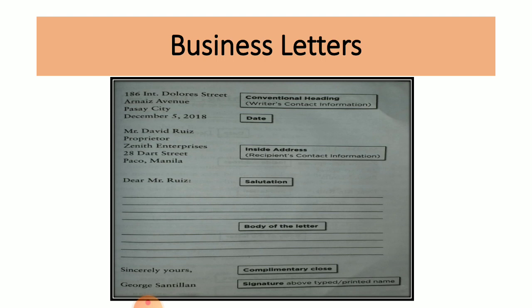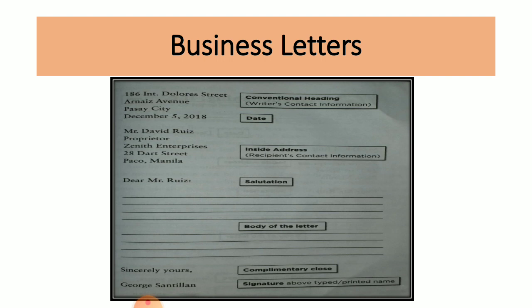We have the name of the receiver, Mr. David Ruiz, who is a proprietor. That is his designation or position. The next is the company, which is Zenith Enterprises, followed by the address of the company.